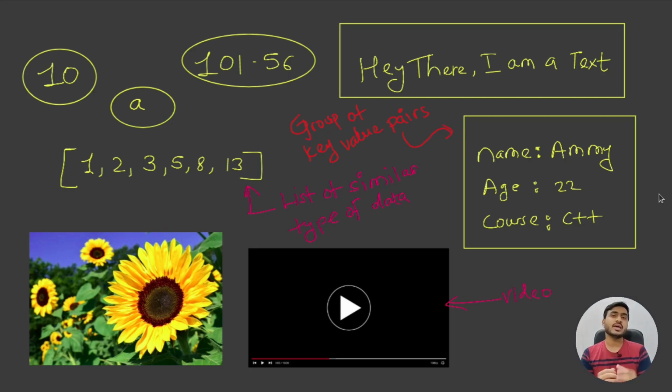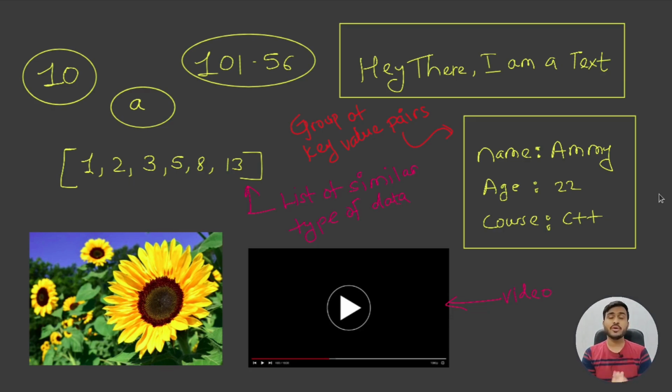Let's say you have two values 10 and 20. As a programmer you should know how you can store these values. You should also know how you can add these two values, how you can do multiplication, how you can divide them, all different sets of operations, and how you can apply them on various types of data.